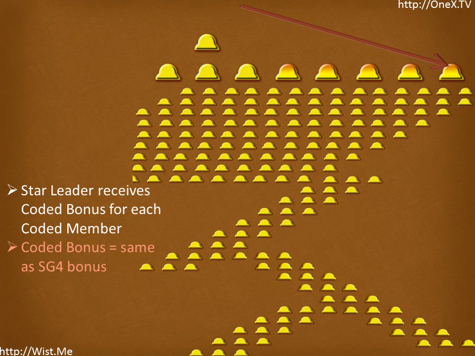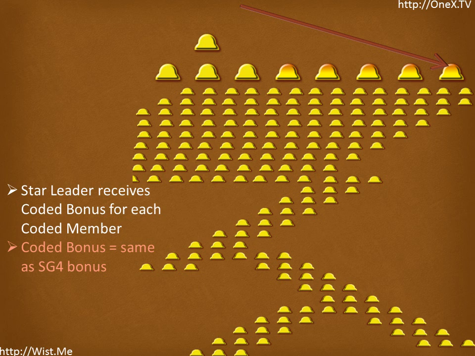And you can compare this coded bonus to the Stargate 4 bonus that I mentioned before. And I think you are starting to see now that there is a lot of potential income.